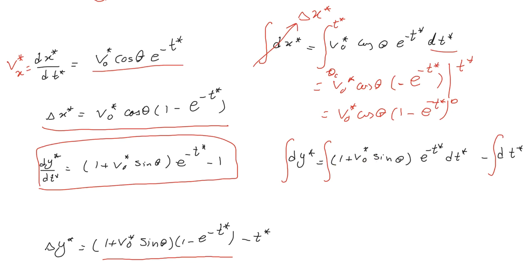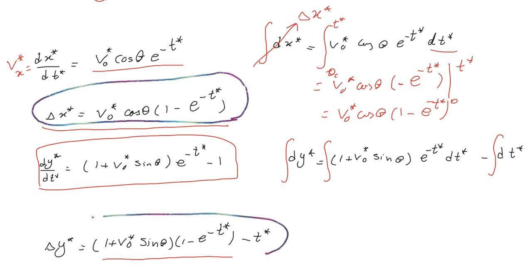Okay, so now we have all the results that we wanted to have. So we calculated the velocity of a projectile with air resistance, and then, using the velocity, we calculated the location of that projectile, x location and y location, right?